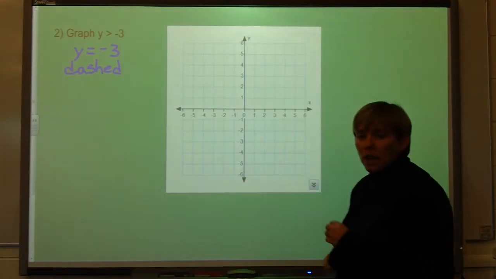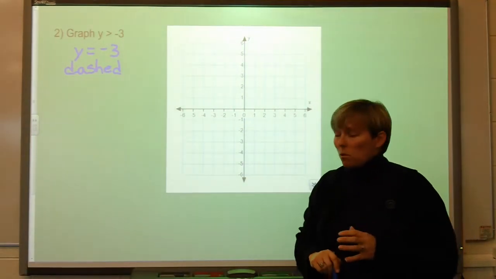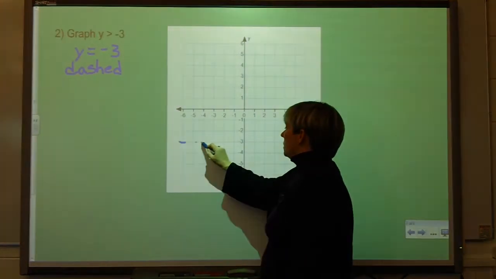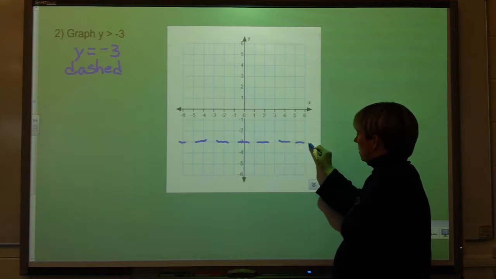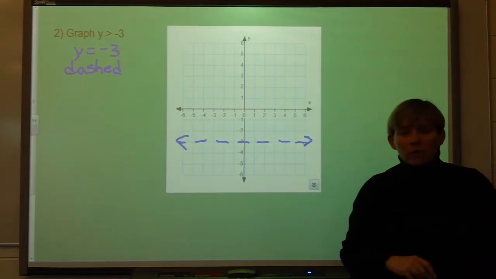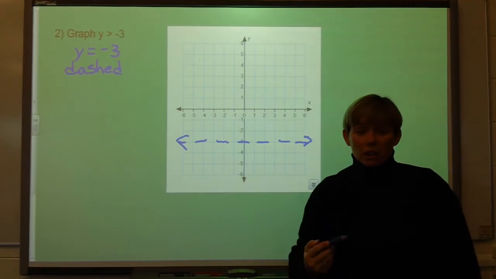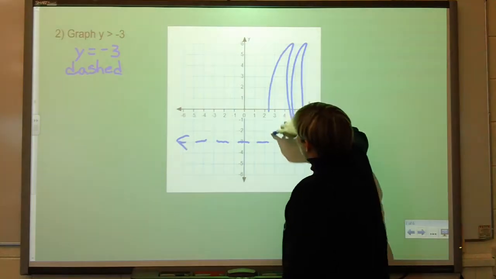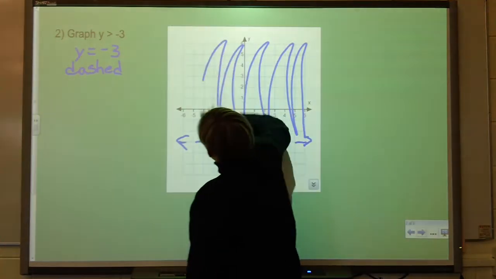Remember, our y equals -3 equations, when we were graphing those, were horizontal lines. So we go to -3, we do a dashed line. And again, I want all of the y coordinates that are greater than -3, so that would be everything above this line. So I'm shading everything here.